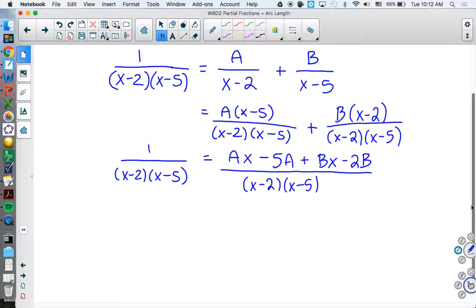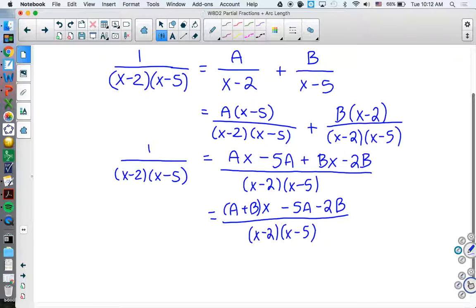We want it to equal 1, okay? So in the numerator, we've got a and b, both in terms of x, so I'm going to factor that out. The ones that are multiplied by x are a plus b. And then we have minus 5a minus 2b. And all of that equals 1 over that fraction.